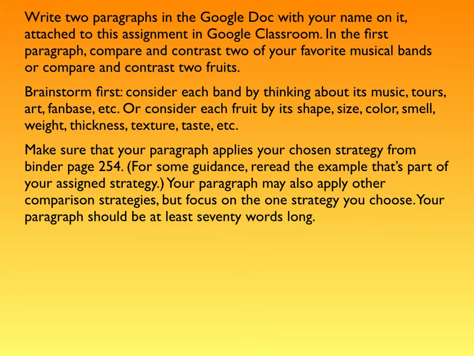That's the big point here. Which was the favorite of the 5 that you wanted to focus on here? For a little guidance on how to do it, reread the example that's part of your assigned strategy. Your paragraph may also apply other comparison strategies, of course, but focus on the one strategy you choose.